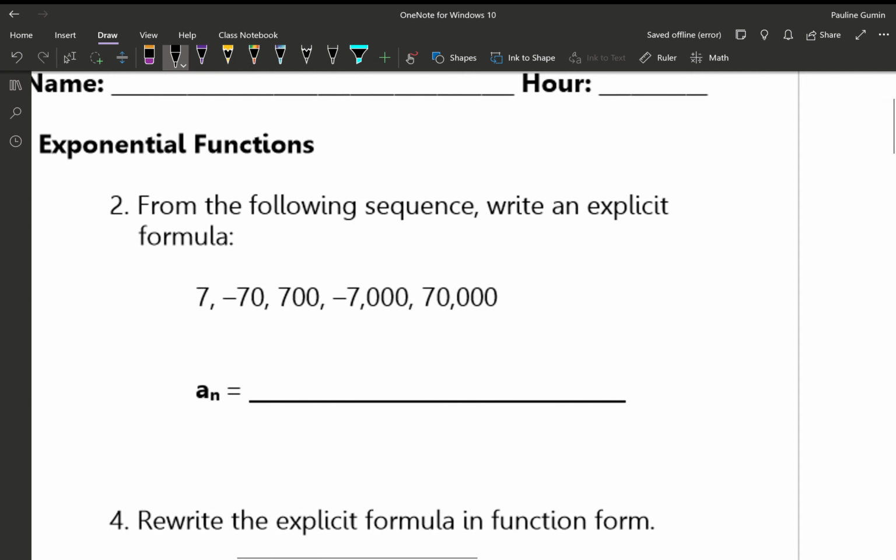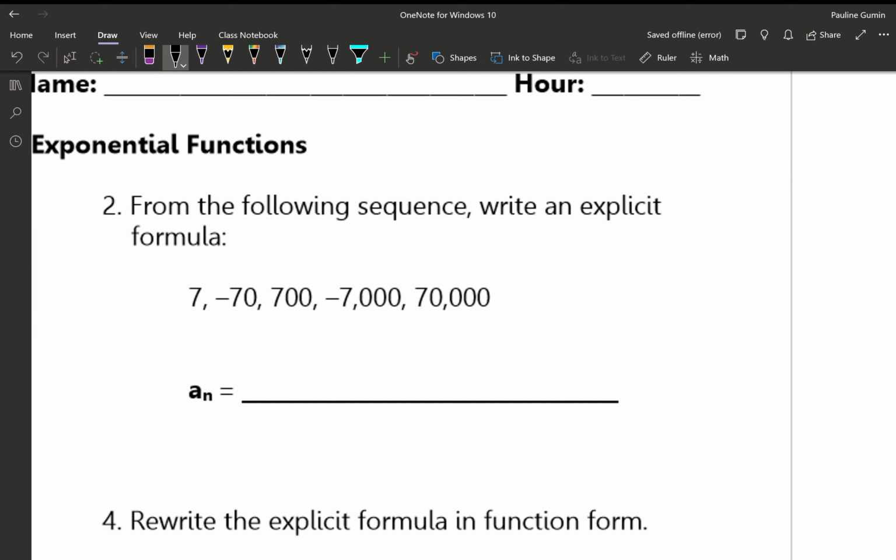All right, number 2. a_1 is 7. To find r, we need to take the second term and divide it by our first term. So negative 70 divided by 7.